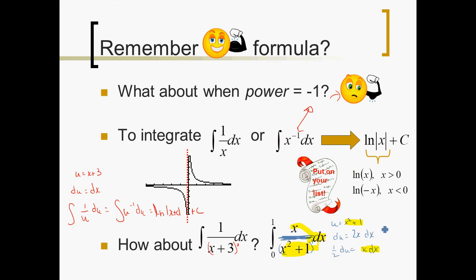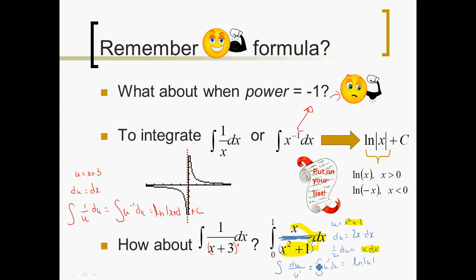So now the antiderivative of this x dx, remember, is du over u to the first, which of course is u to the -1 du, which is ln of the absolute value of u.